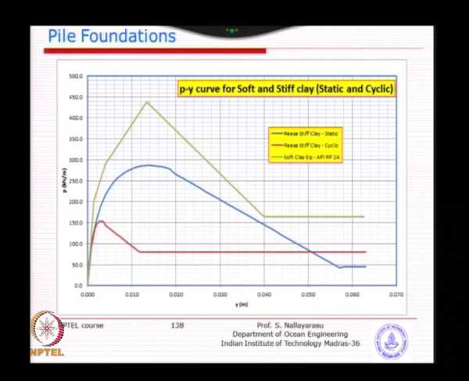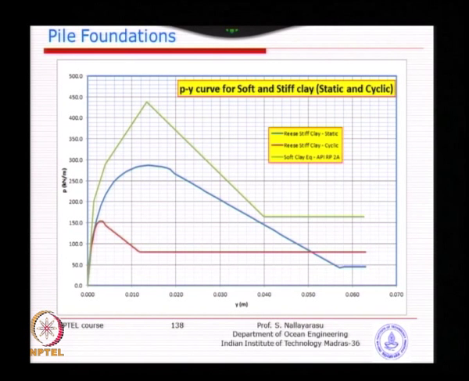In this case the green one is the soft clay, the equation given by API. It builds up and then comes down because it is near surface, and becomes p_u at 0.04 meters displacement, whereas the blue one is the stiff clay equation given by Reese.